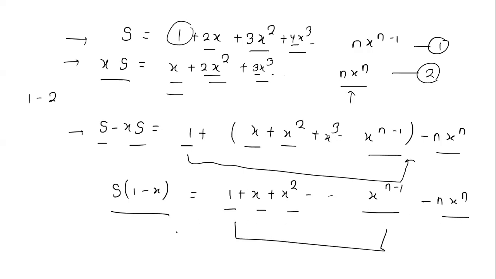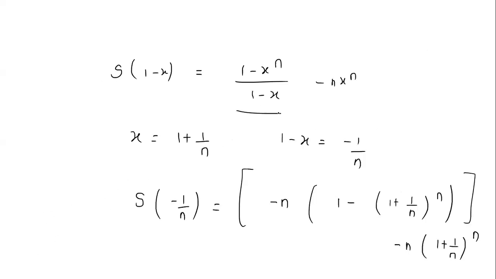Now you know the sum of this. This is simply a geometric progression whose sum is (x power n minus 1) divided by (x minus 1). So the summation is this, and here minus n times x power n. Now, you know x is 1 plus 1/n, so what is the value of 1 minus x? It is minus 1/n.